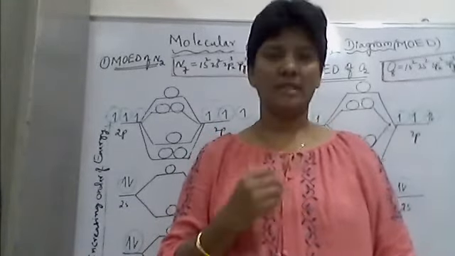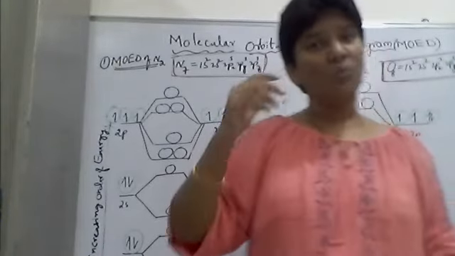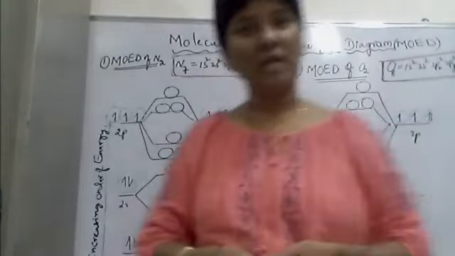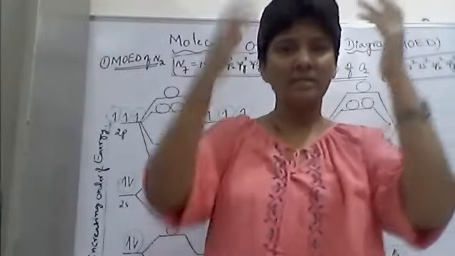And if any species has paired up electrons in the orbitals, what happens? Both the paired up electrons spin, one in the clockwise and the other in the anti-clockwise direction. So both at the same time produce a magnetic field, but the directions are different. One is up, the other is down.